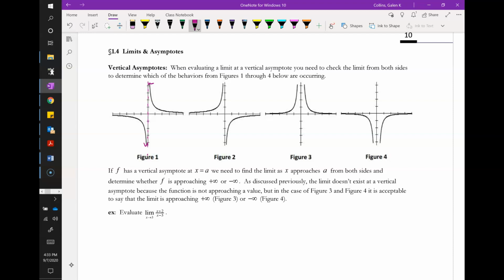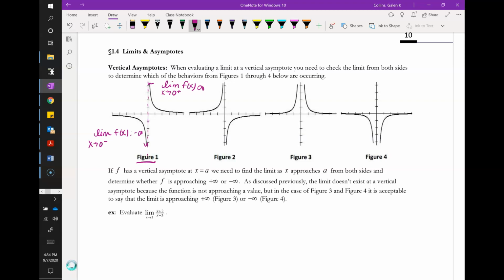So I could write, I'm just going to call this function f of x, as x approaches 0 from the left, that limit's going to go to negative infinity, whereas from the right, the limit of f as x approaches 0 from the right, that limit's going to positive infinity. Those are both with figure 1.